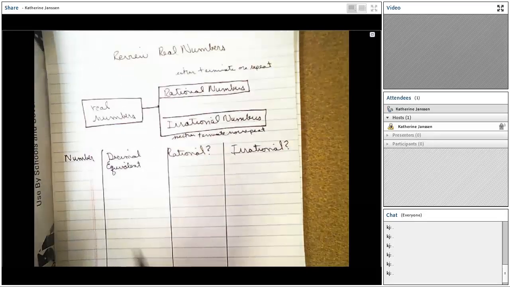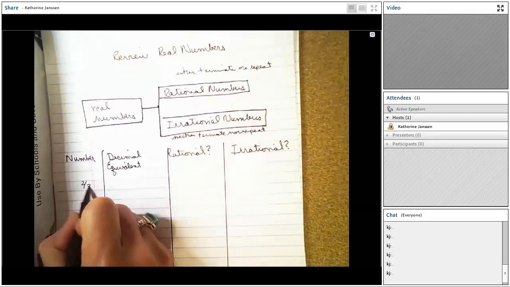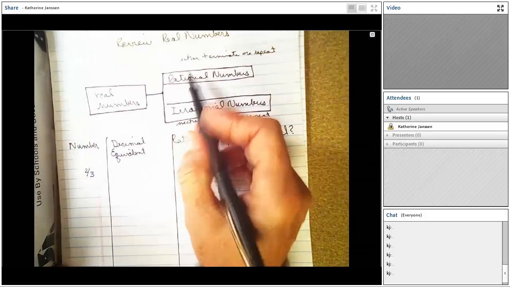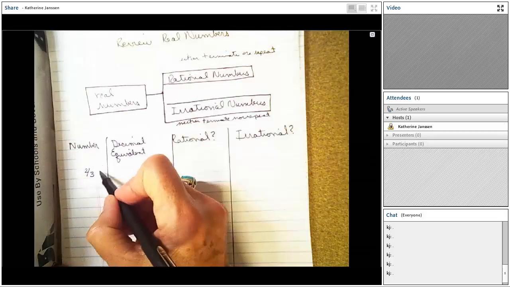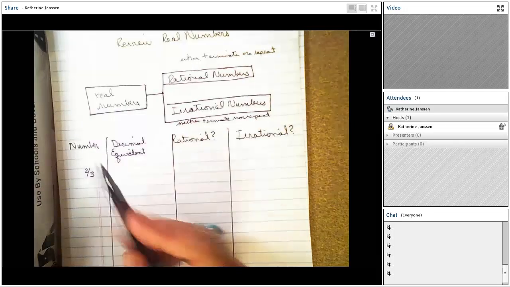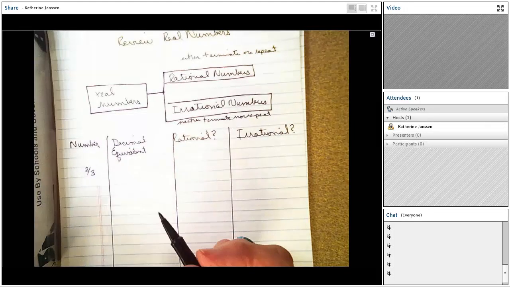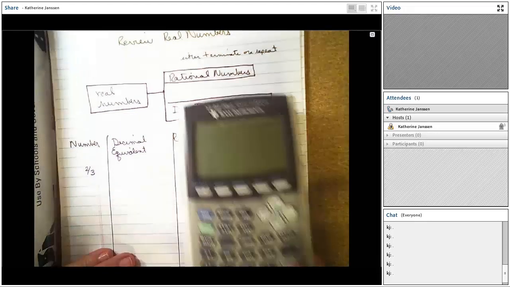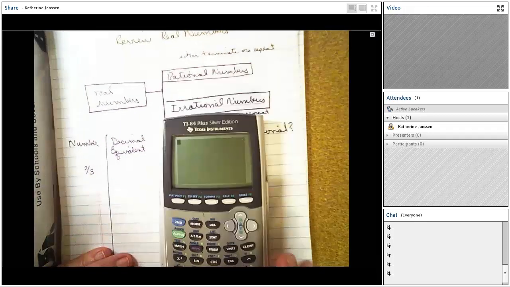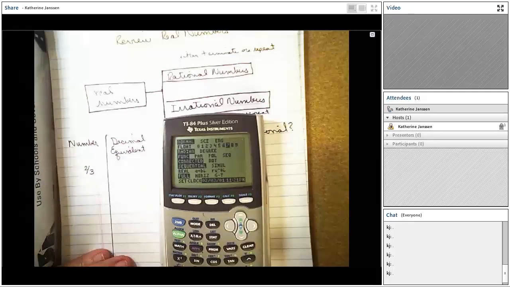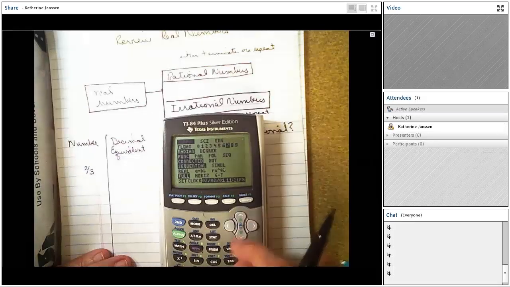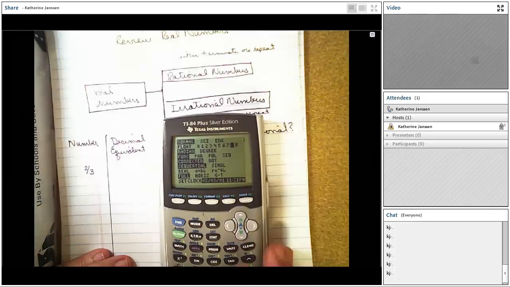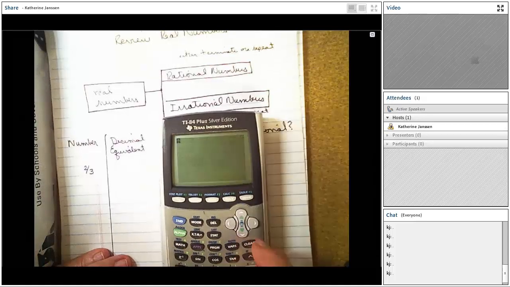So let's look at some examples. We have 2/3. Well, 2/3 is a rational number. It's in the form of an integer divided by an integer not equal to 0 in the denominator. But let's confirm with our calculator, and I've set my mode out as far as we can, so we have as accurate as possible on your calculator.